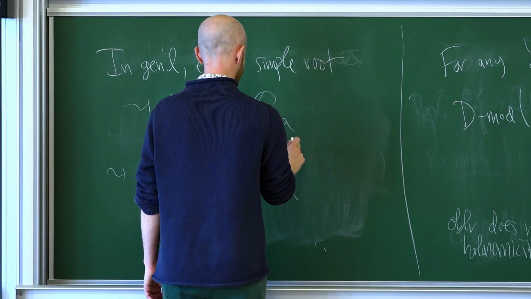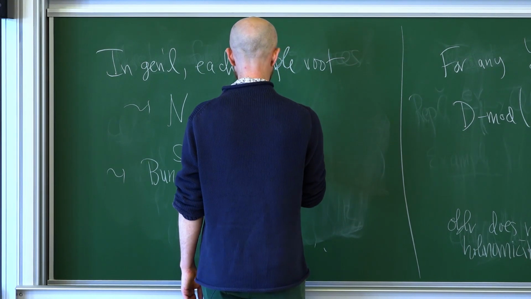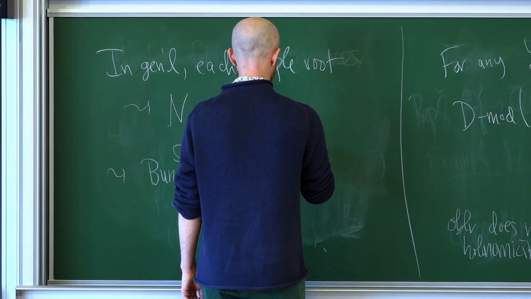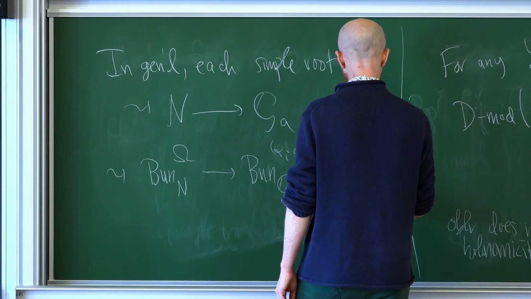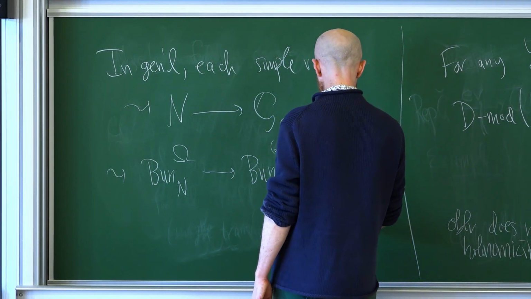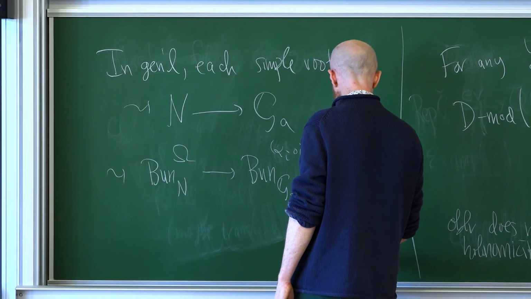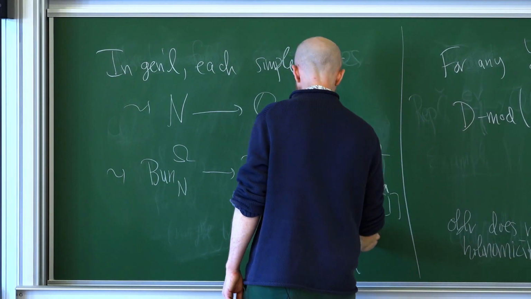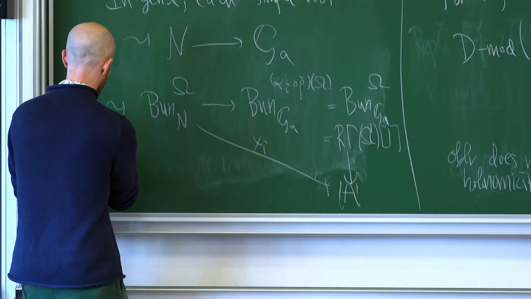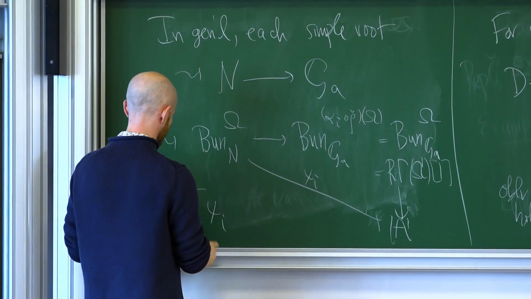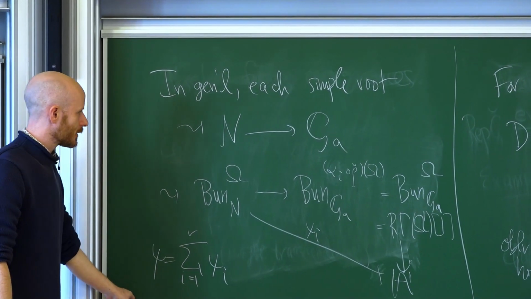And if you think what this twist is, it's alpha_i composed with rho check applied to omega, which is exactly this Bun G_a omega, which is the same as R Gamma of omega with the shift by 1, which then has this character psi_i down to A1. Let me call this psi_i. And then psi is equal to the sum of the psi_i's, where I sum over all of the simple roots.